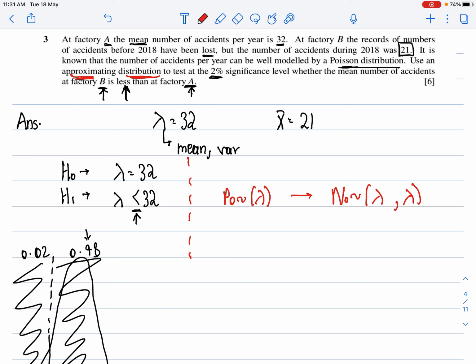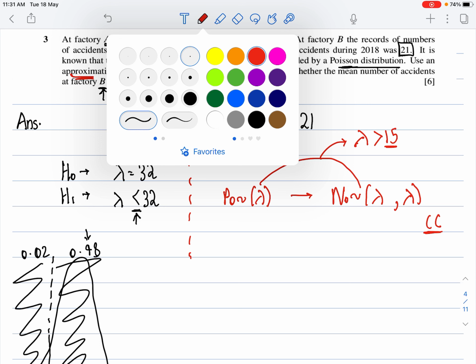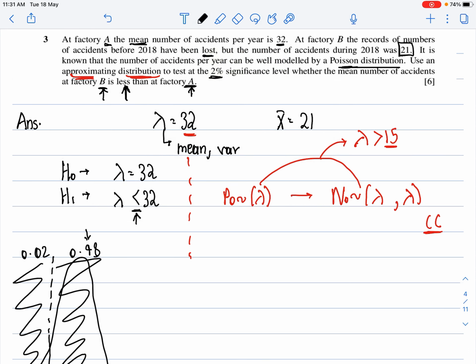You can only convert from Poisson to normal under some conditions. The first condition is that lambda should be more than 15. That's the main condition. Whenever we convert from Poisson to normal, there's a continuity correction, which I'll tell you later how to use. My lambda is 32, which is more than 15, so my Poisson can be converted to normal.